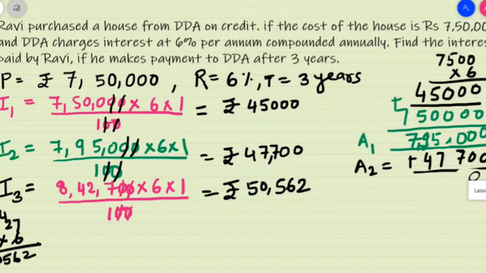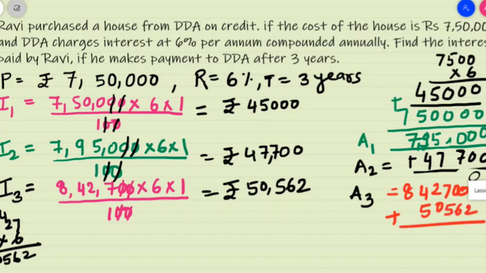Now children, see what interest means, what amount. First of all, you have to find the total amount he has to pay. For the third year, total amount will be how much? Let us see what is the total amount after the third year. Total amount after the third year is principal plus interest. What is the principal amount? 8,42,700 plus 50,562.